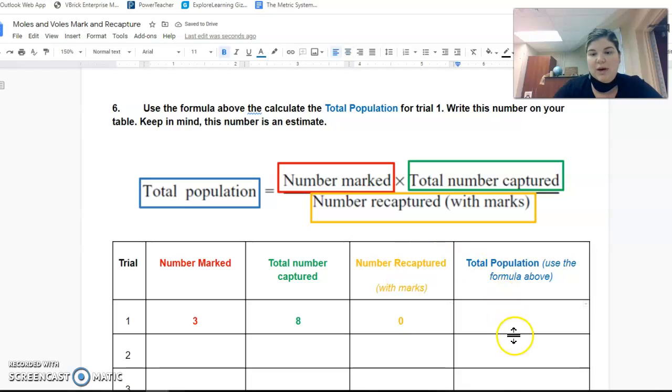And then the total population, so I'm going to use the formula above here. I'm solving for blue, which means that I am going to take the number marked, which was 3, multiply that by the total number captured, which was 8, and divide that by 0.